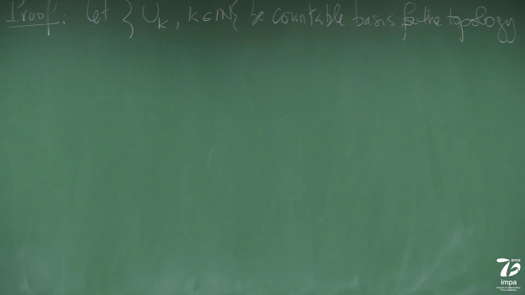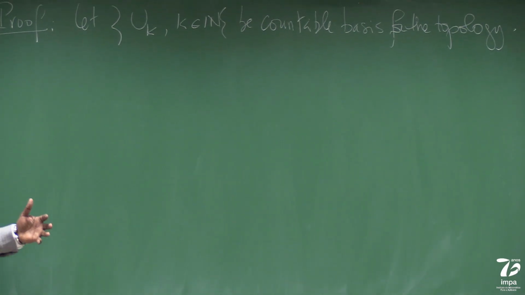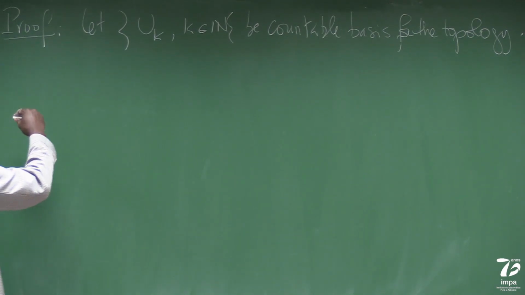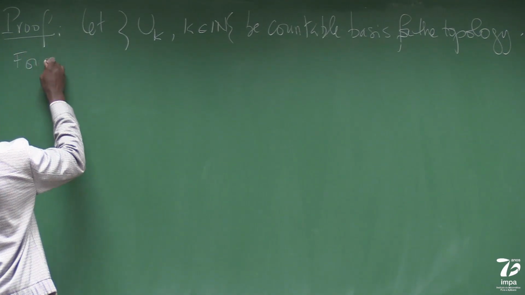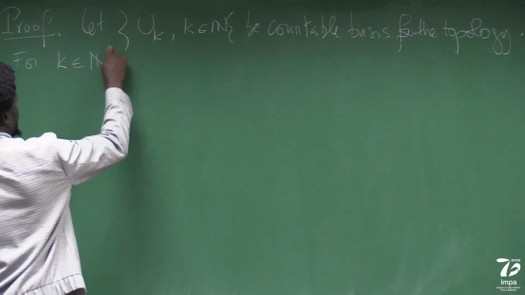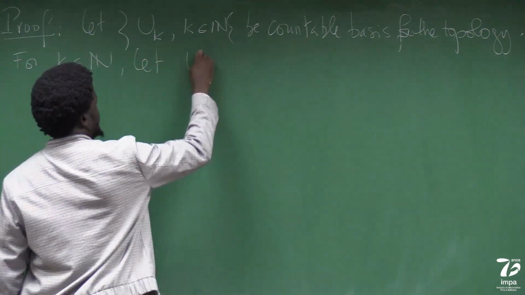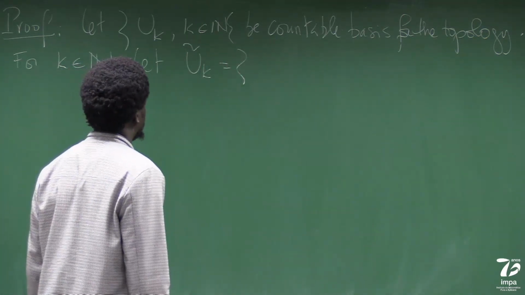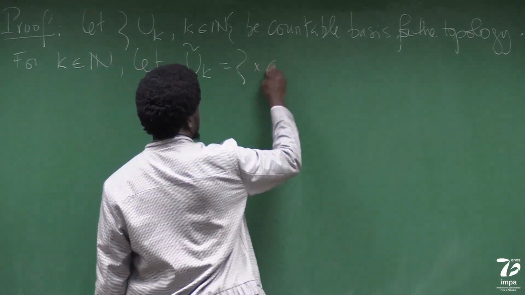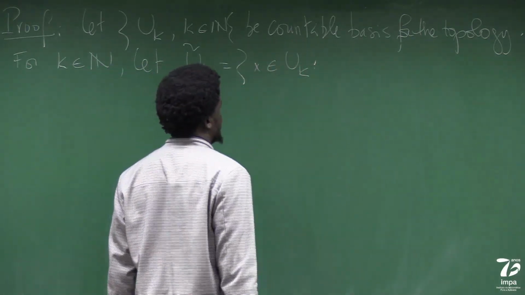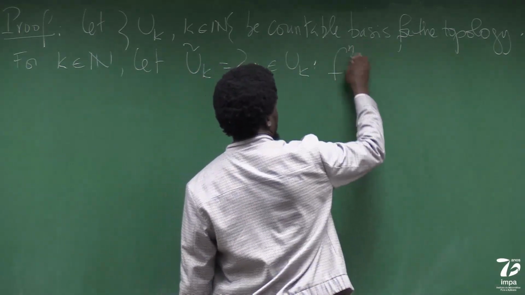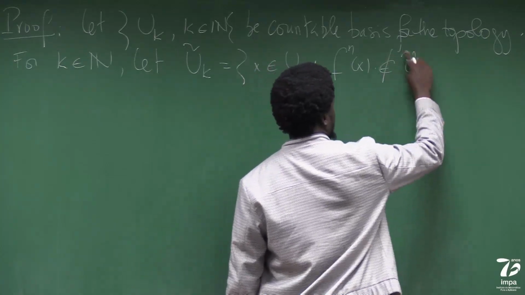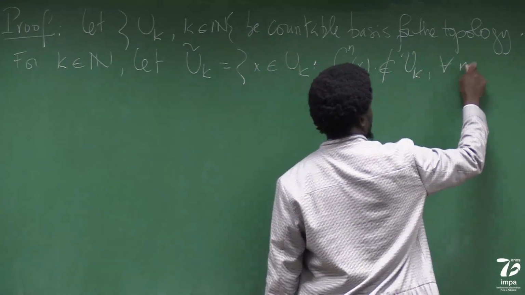So first of all, we want to define a set of full measure which consists of the points that are recurrent. To do that, for every k in N, we define U k tilde to be the set of x in U k such that f n x doesn't belong to U k for all n.